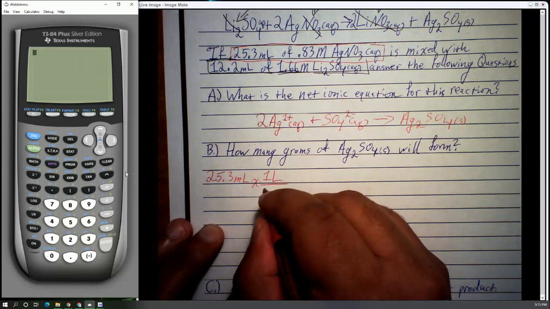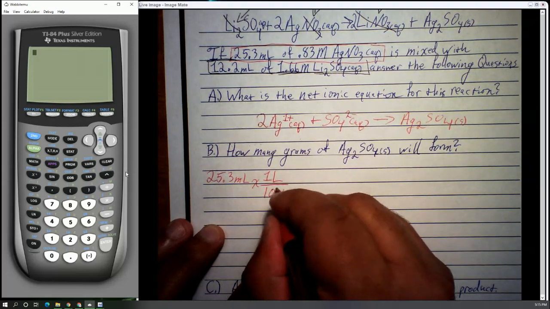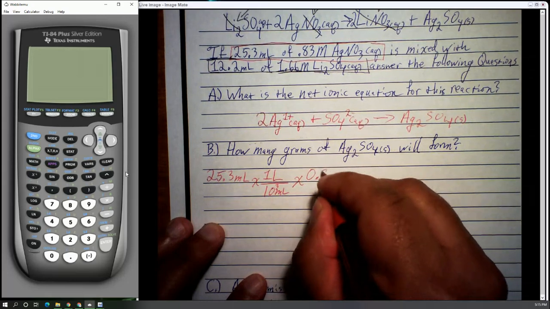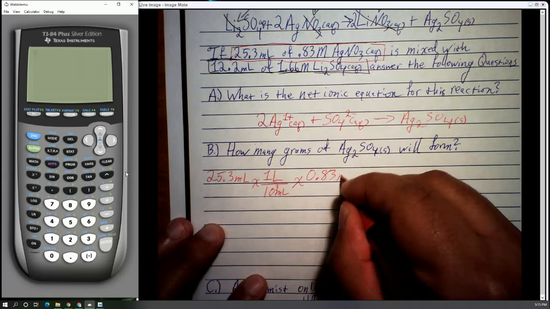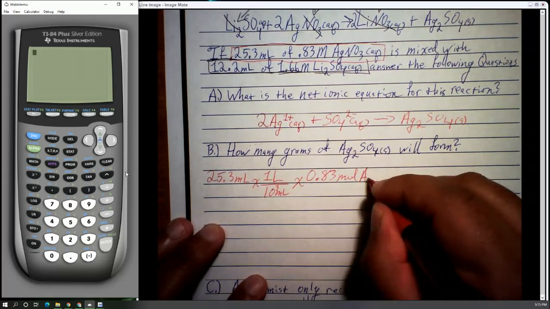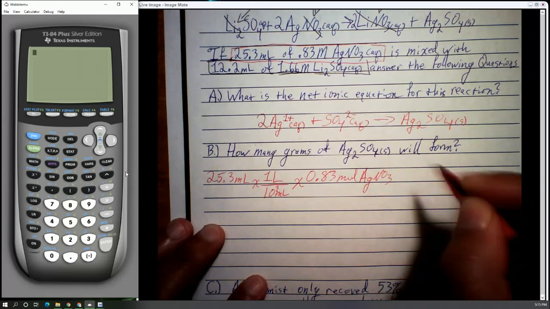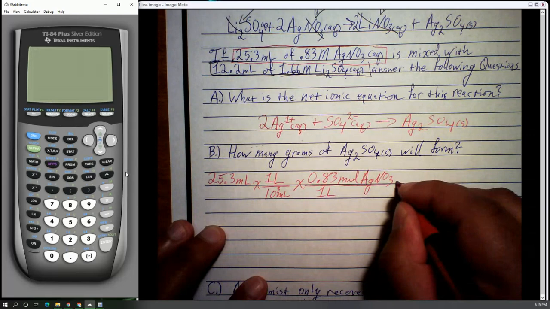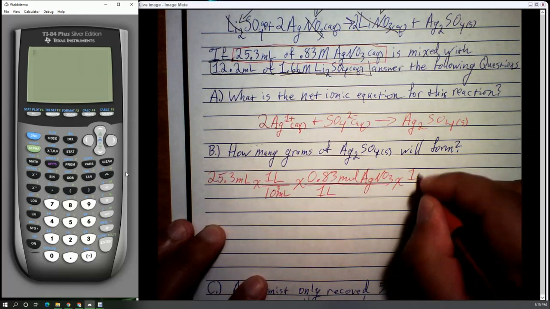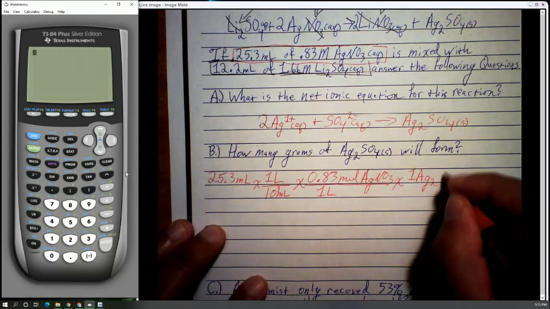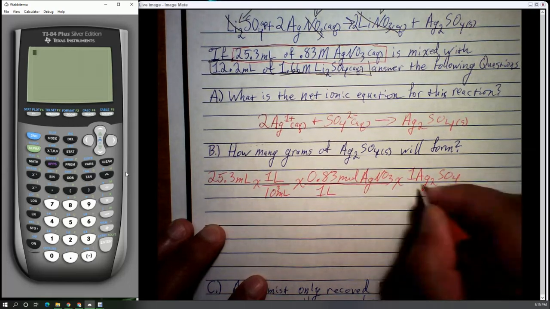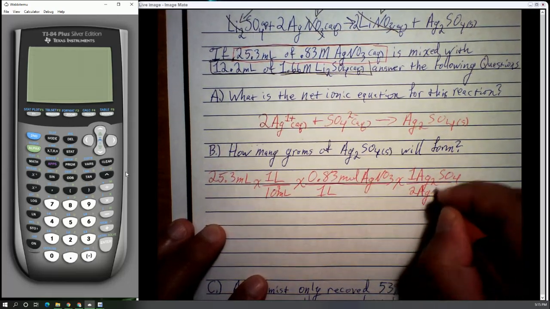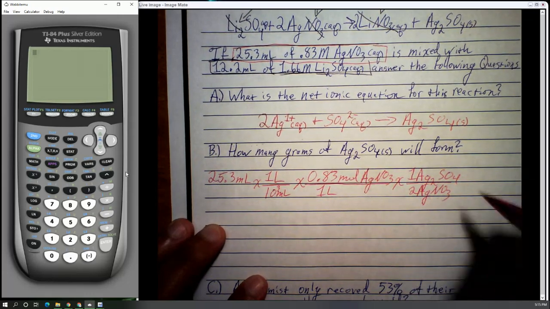No, I didn't. 1 liter over 10 to the third milliliters times 0.83 moles of silver nitrate for every 1 liter. And then our ratio is 1 silver sulfate for every 2 silver nitrates.